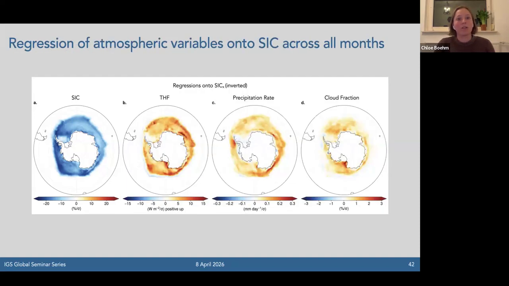Next, we regress turbulent heat flux, precipitation rate, and cloud fraction all onto sea ice loss. Again, this is across all months. What we see, given sea ice loss, is very widespread increases in turbulent heat flux, precipitation, and clouds. This isn't totally unexpected, because given sea ice loss, you'd expect an increase in heat coming from the ocean into the atmosphere.